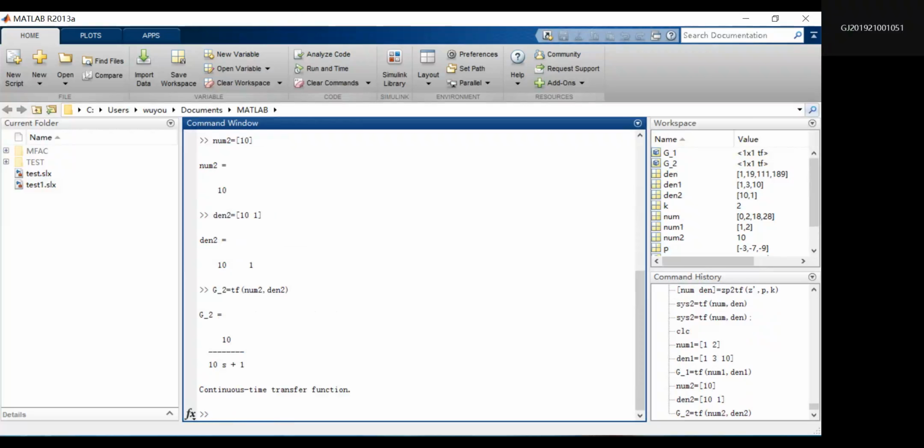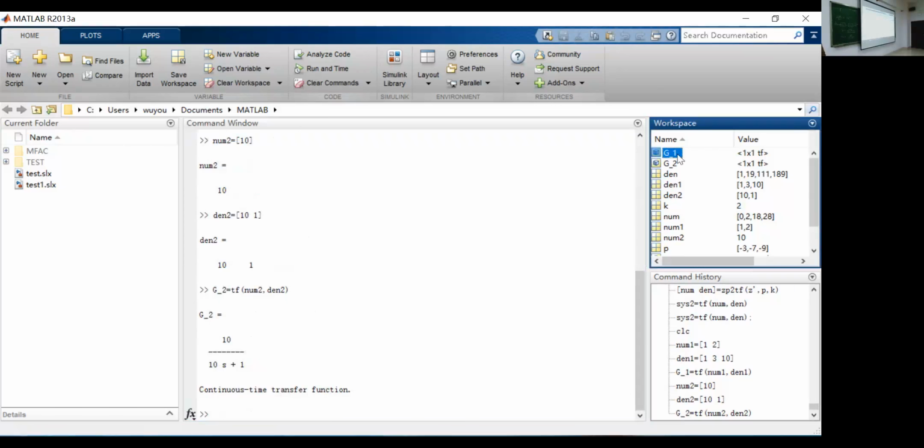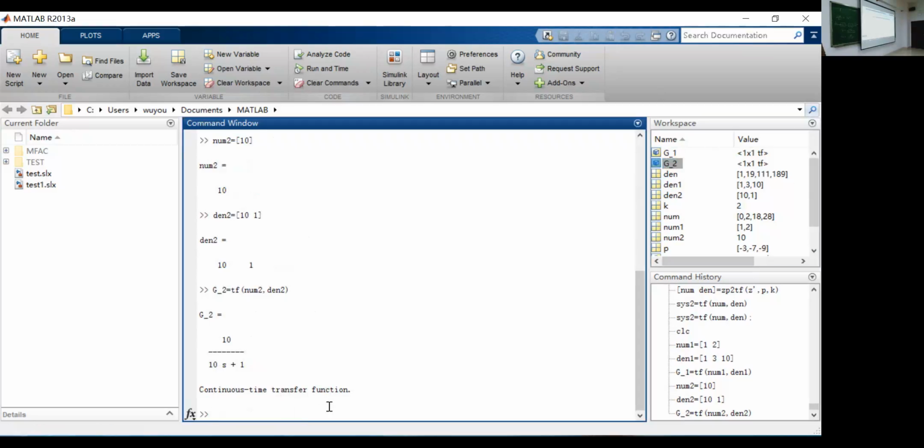Okay, now see we have G2 here and G1 here. G1 and G2 are all stored in workspace, right? Then how to do the connection in series?